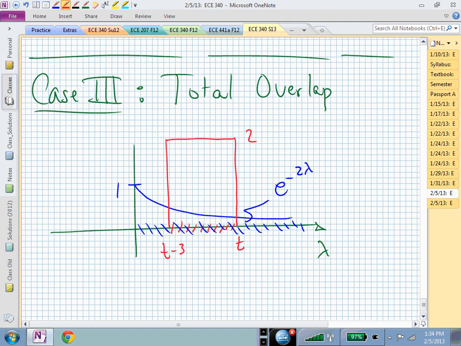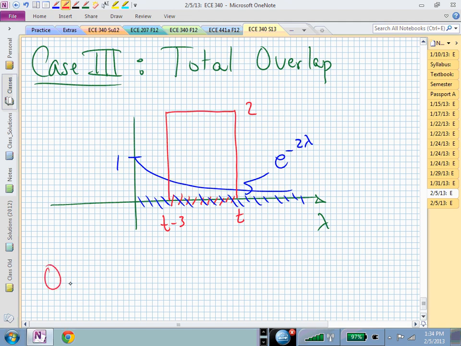Now, when does this overlap picture occur? For what values of time is this overlap picture going to be the same? We need this endpoint of f sub 2 to slide through the origin, don't we?